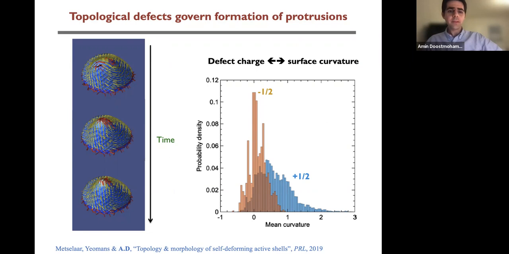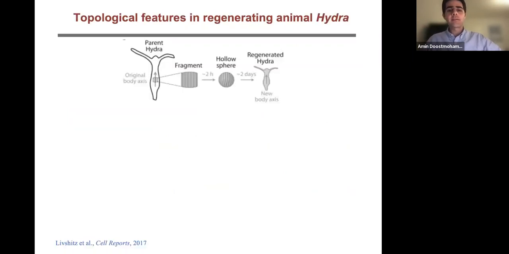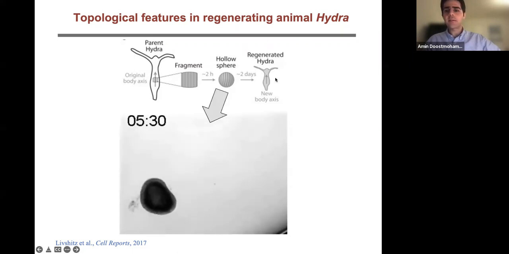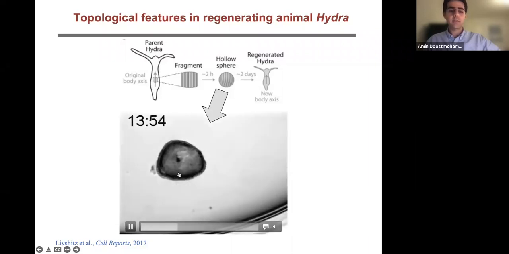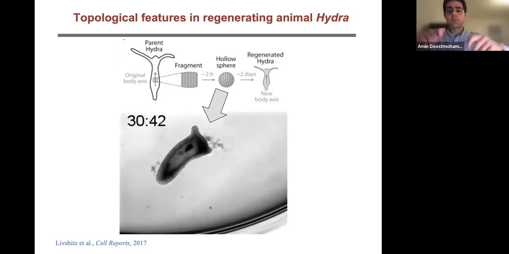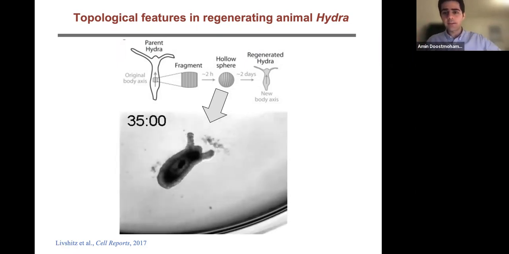Now, this was again interesting in terms of modeling, but there's this recent beautiful experiments on this animal hydra. It's called hydra because if you cut any part of it and you wait about 2 days, it regenerates itself to the original shape. So you can see this hollow sphere initially that if you wait about 48 hours, then forms these antlers and forms mouth and the feet.